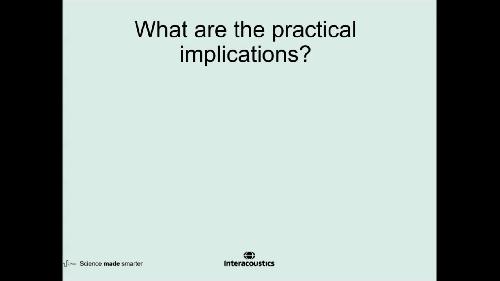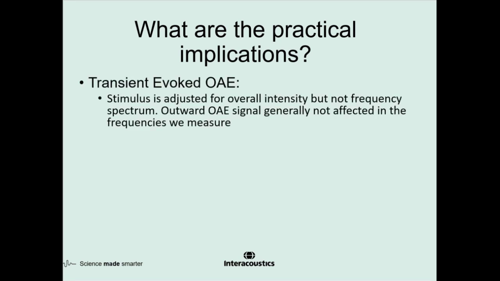So let's think about the practical implications of what we've just seen. The TE is a broadband stimulus, and we use automatic gain control when the probe is inserted into the ear canal. Often the stimulus level is then adjusted using a peak level adjustment, and no attempt is made to adjust the shape of the stimulus to correct for any frequency responses found in the ear canal.